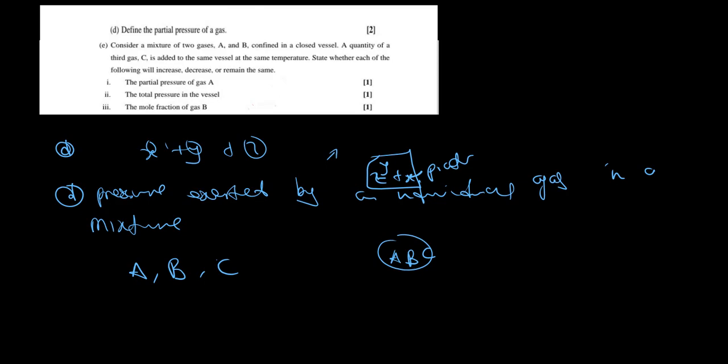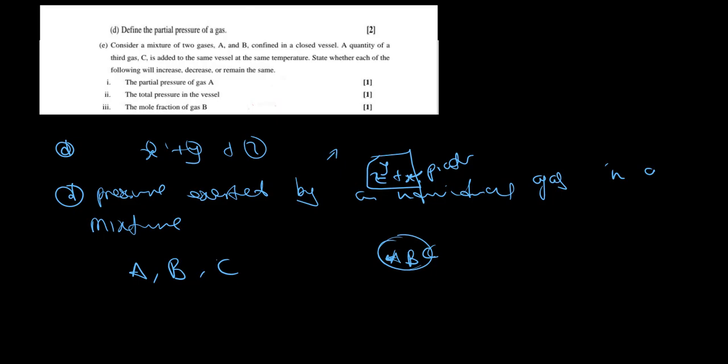Since they are in one vessel and already had their own pressures, what will happen when you bring in another pressure? When we put in gas C, will the partial pressure of gas A increase? No, the value of the partial pressure of A stays the same.